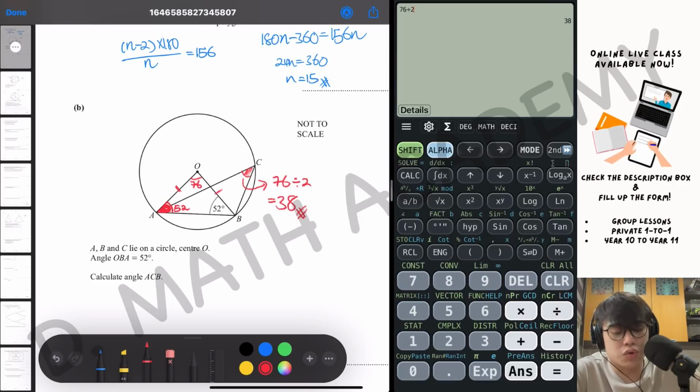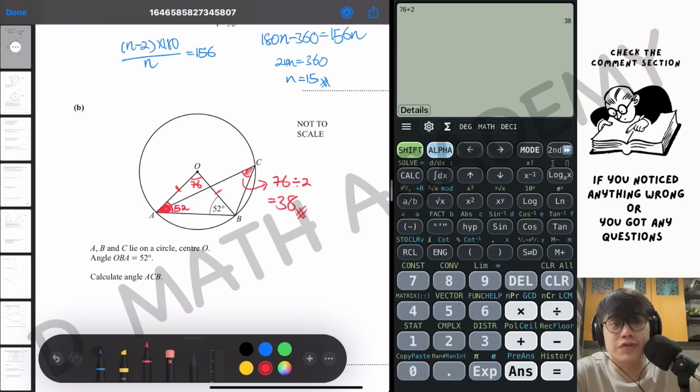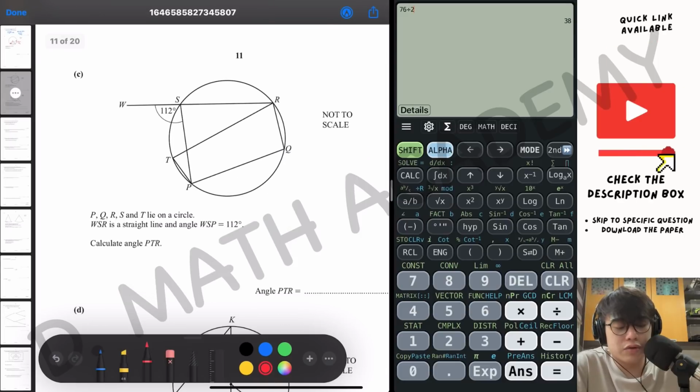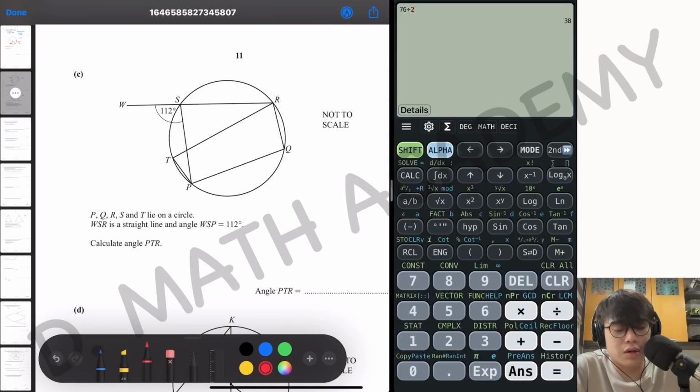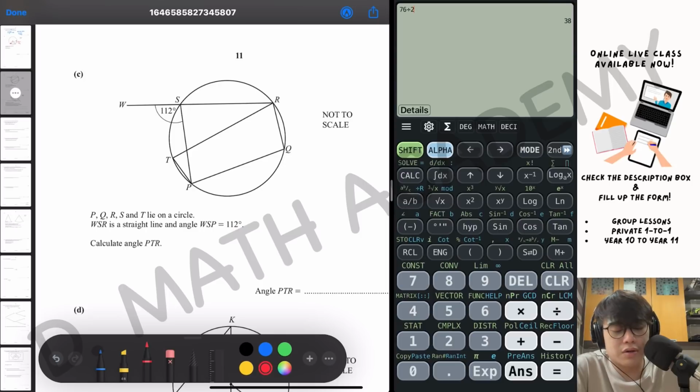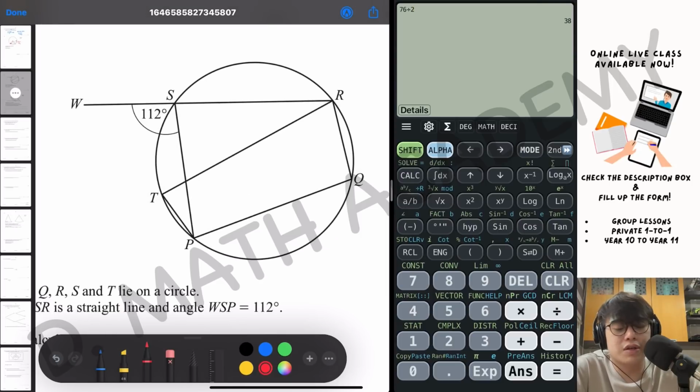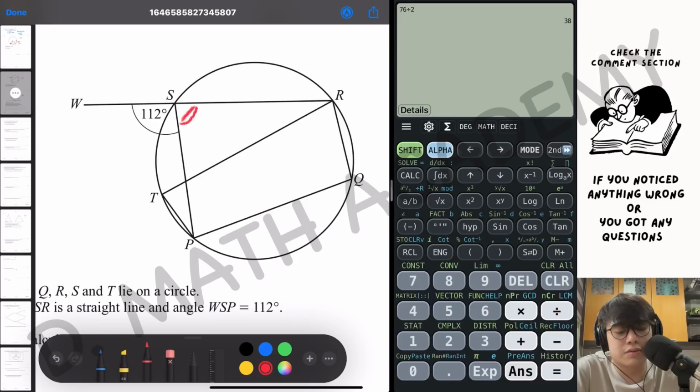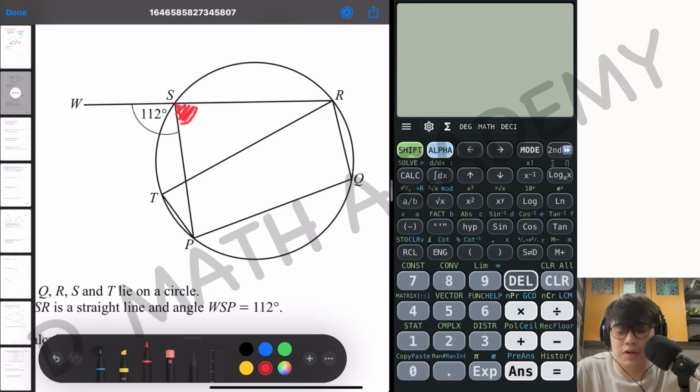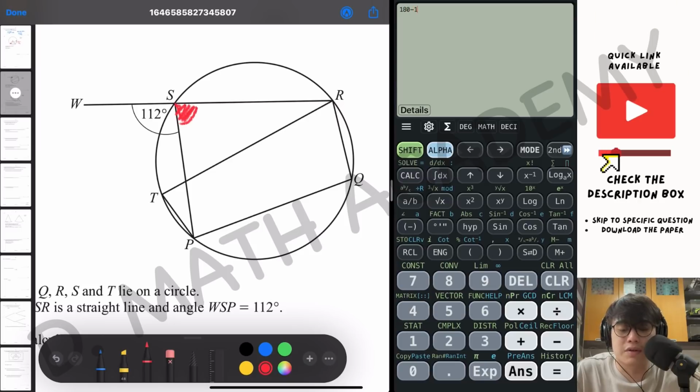So the keyword is radius. If you didn't notice it was isosceles, then you won't be able to solve this. Moving on to section C, they were asking for PTR. PTR here, you can identify using your cyclic quadrilateral. This angle here is because it's a straight line, so you can key in 180 minus 112.